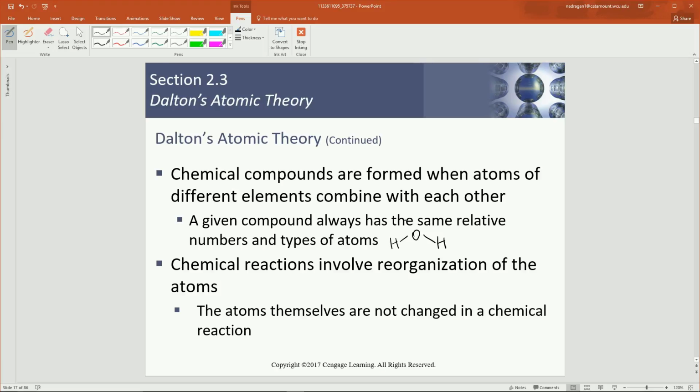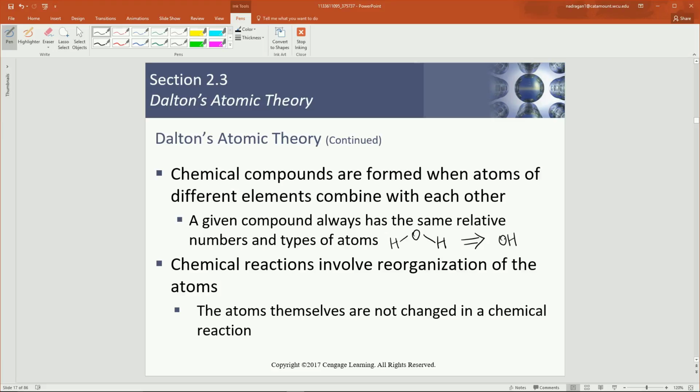Now, when Dalton studied this before, he actually assumed that nature was really simple and the formula for water was OH. So, in Dalton's theory, we now know that water has two hydrogens and one oxygen.